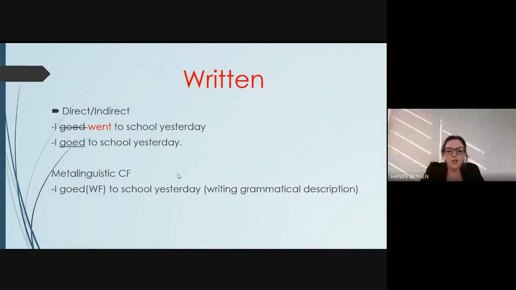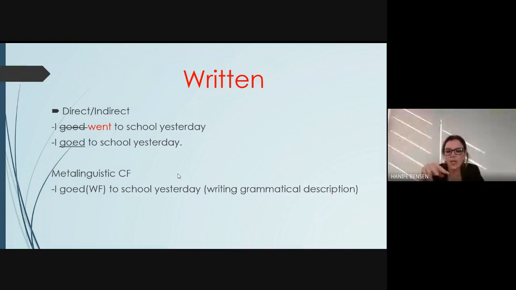But you need to bear in mind that when you are using metalinguistic corrective feedback, the codes, for example, I go, wrong form. This is a wrong form of a verb. It's telling students that they've made a wrong form of the verb, and that is why that word is incorrect.